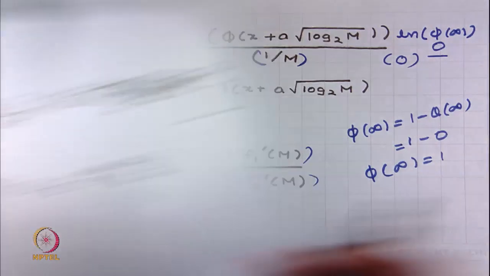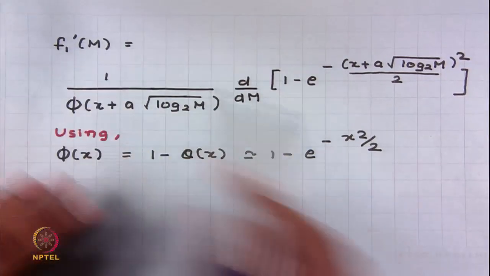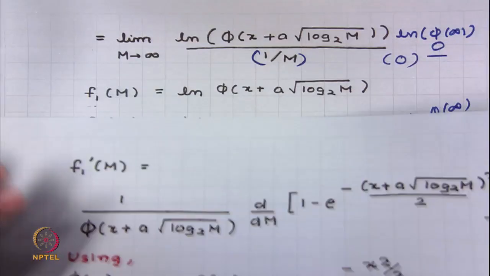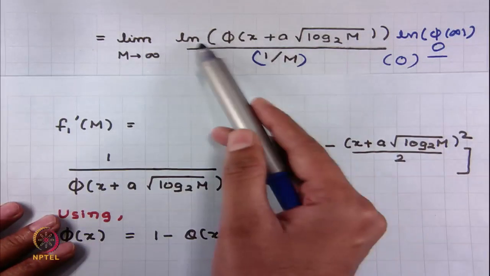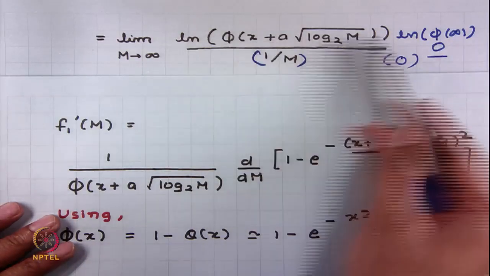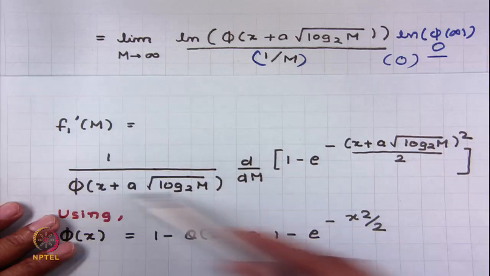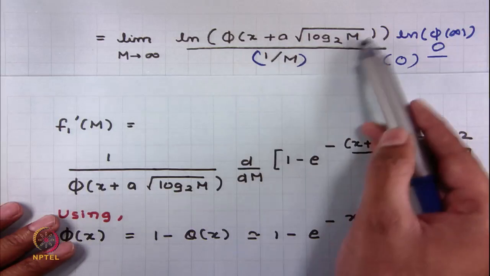We are differentiating this f1m, and you do not need a lot of skill to differentiate this. ln x has a derivative 1 by x. So, this term becomes 1 by this, and then you have to differentiate the argument of this thing.